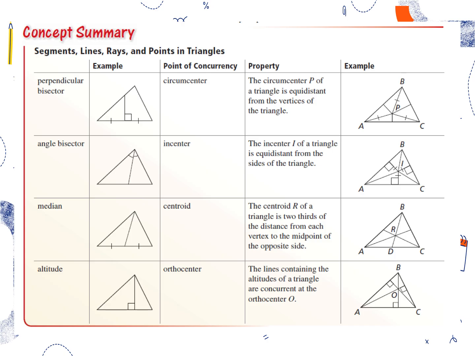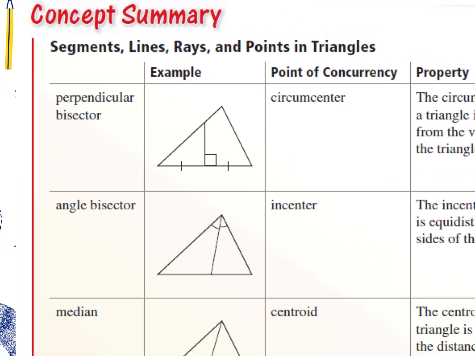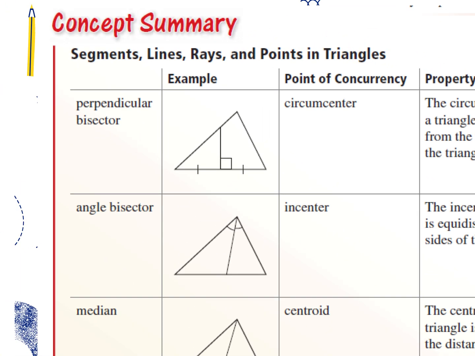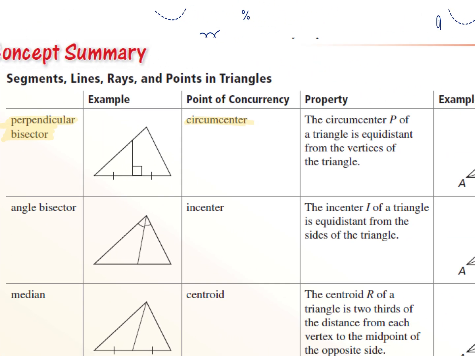This has everything. It's putting everything into perspective and understanding what everything is. So I'm going to go over it section by section. We have perpendicular bisectors. Perpendicular bisectors go with circumcenter. That means it is perpendicular to my side and bisecting it, so the sides are going to be congruent. What is equidistant? The vertices are going to be equidistant.